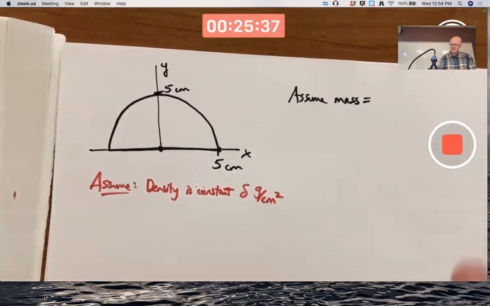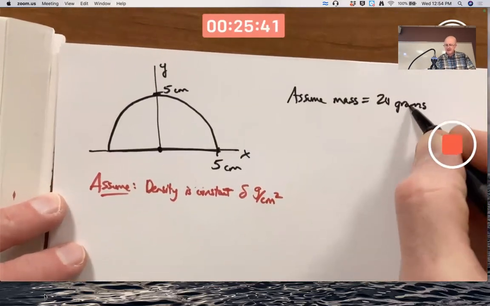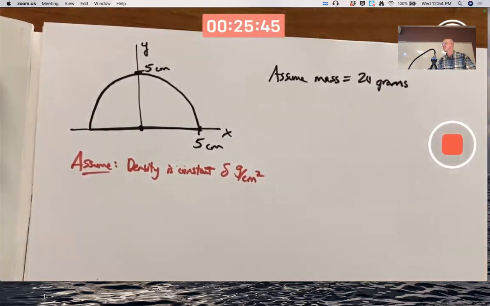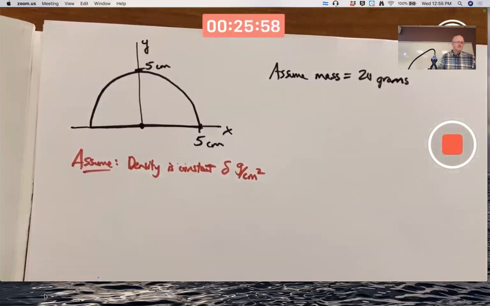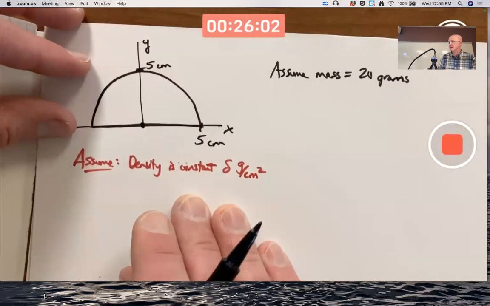Yes, I assume 20 grams. Okay, it's an assumption I'm making. I don't have to assume I know the mass, it turns out, but I'm going to go ahead and make that assumption anyway. The book does it in their triangular example. If I assume I know the mass, then I can figure out what delta is. I can figure out the density.